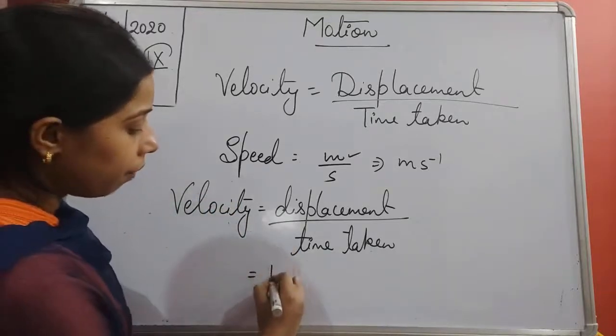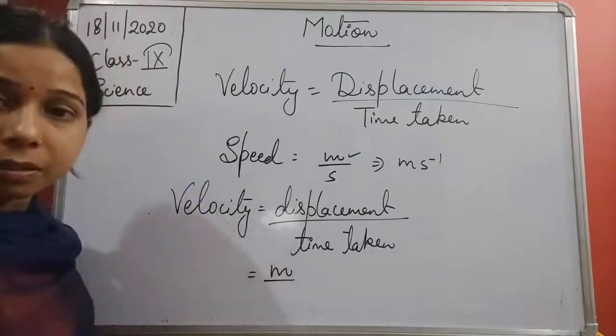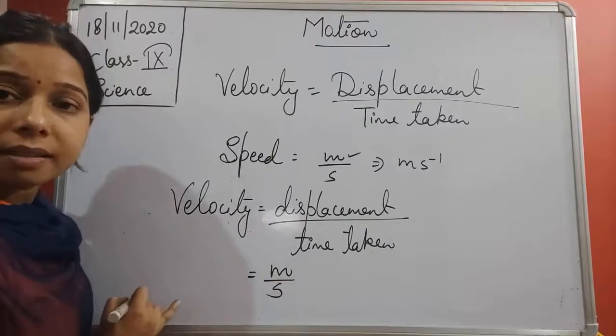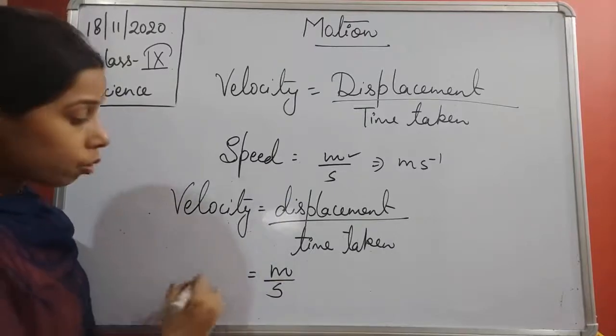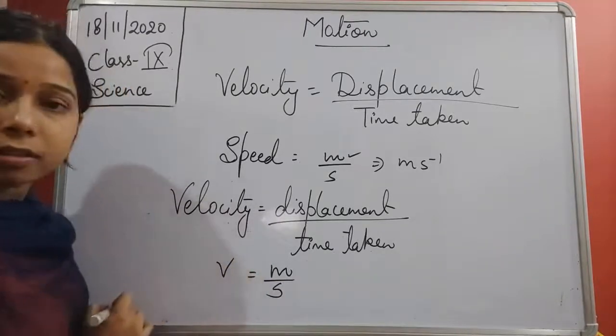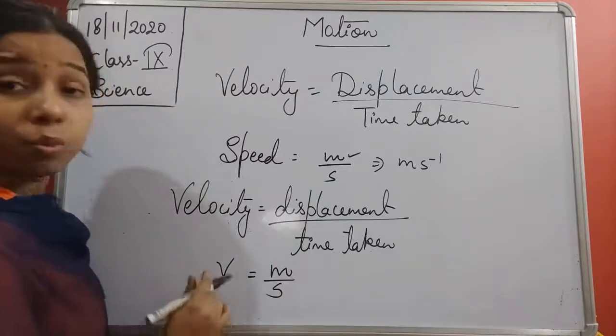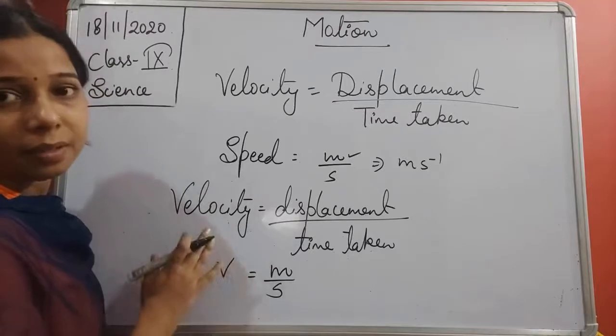So we will write meter again, and time taken is represented by s, that is second. The short form of velocity is represented by v. So v will be equal to meter per second.